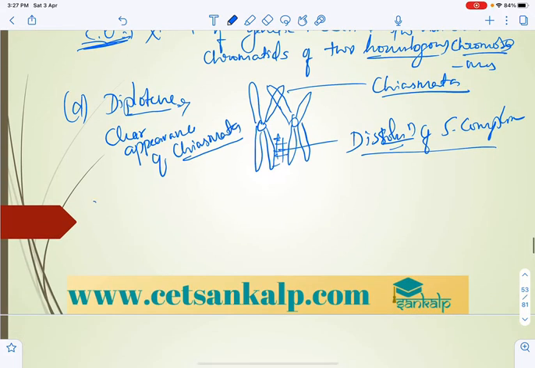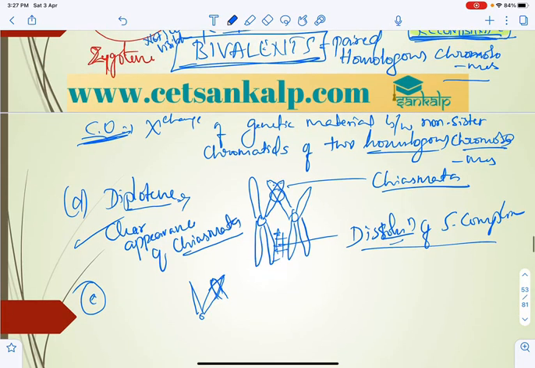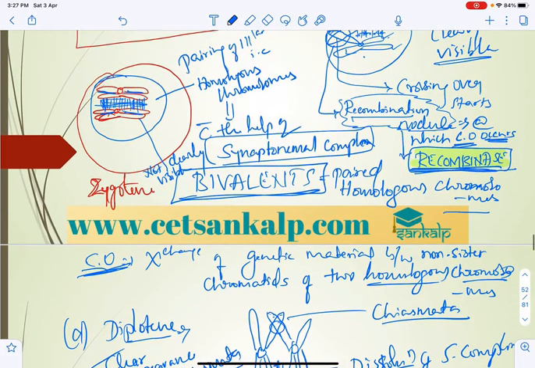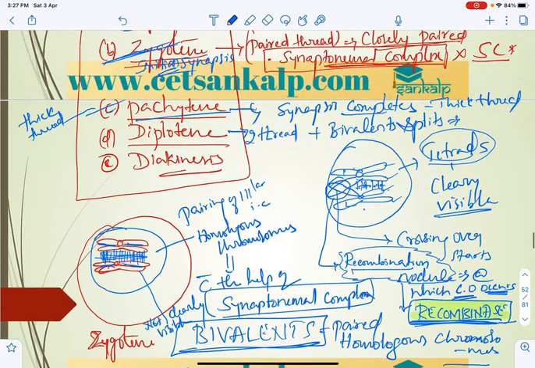And in the last phase, there is complete dissolution and the chiasma moves toward the terminal. So here is the X shape. The chiasma, which is visible in diplotene, has its formation in the pachytene stage.